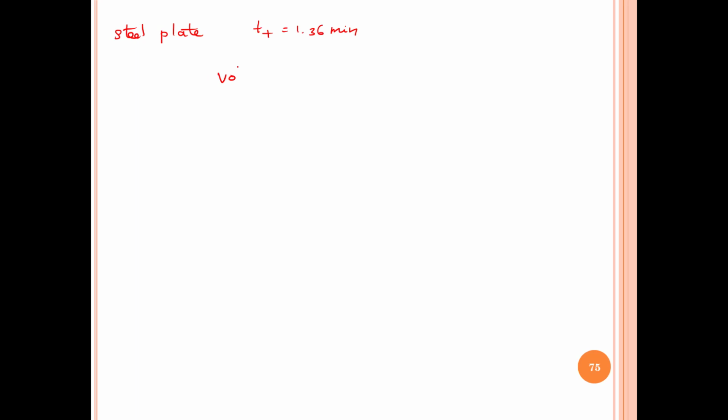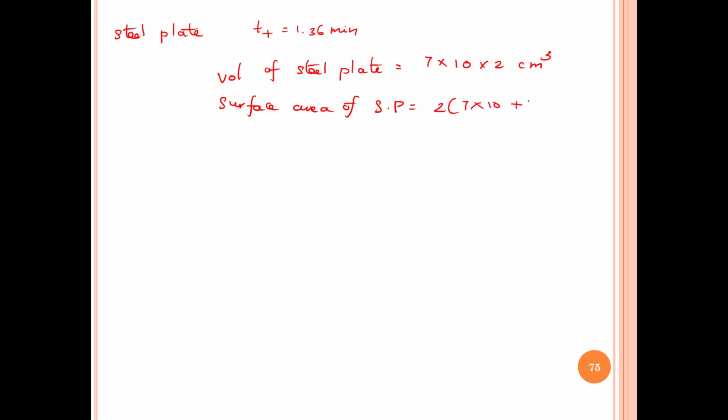Now we want to know the volume of the steel plate, which is equal to 7 into 10 into 2 centimeter cube. Then the surface area of the steel plate is equal to 2 into (7 into 10 plus 10 into 2 plus 2 into 7).